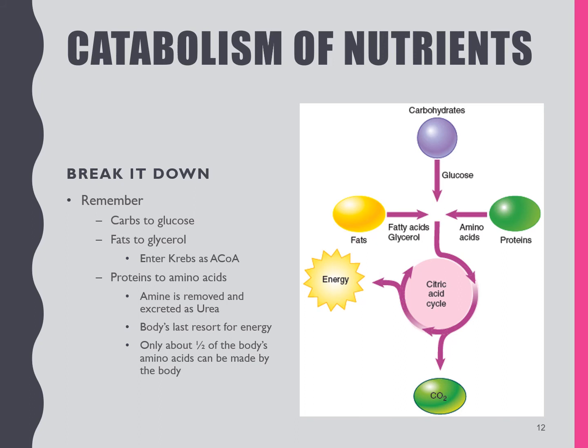All right. And then the body has to have amino acids to be able to survive, and typically the body prefers to anabolize proteins, or build them from smaller building blocks, as opposed to catabolizing them to get us energy.